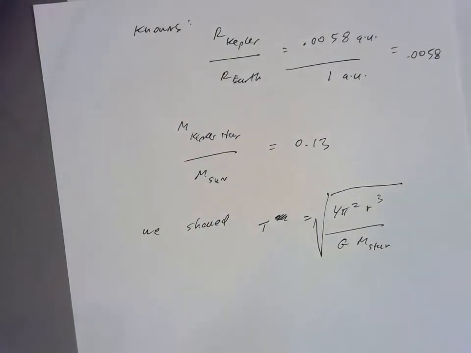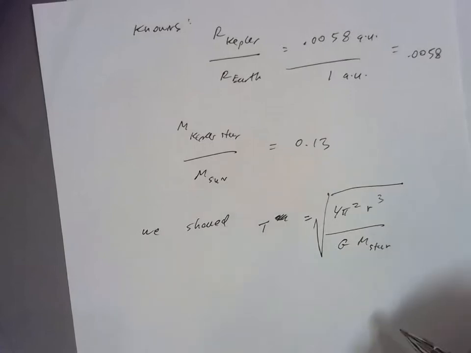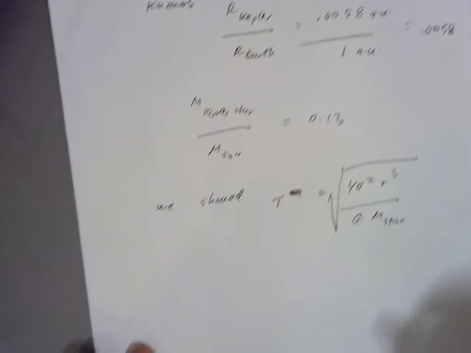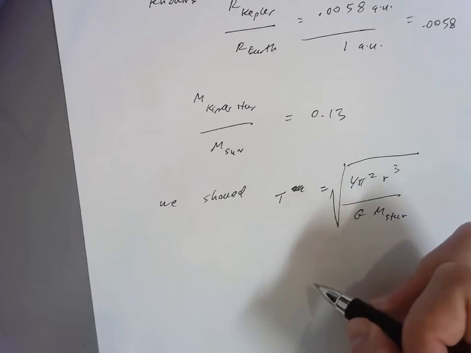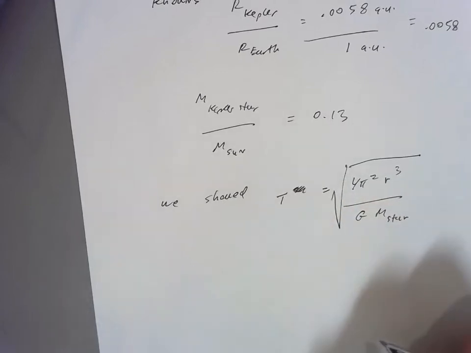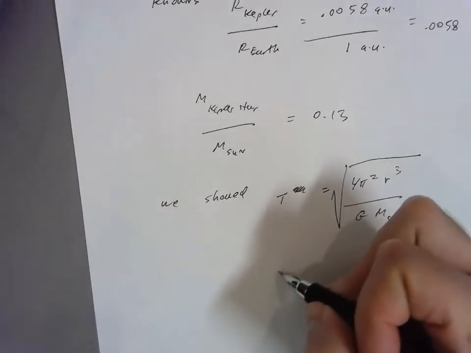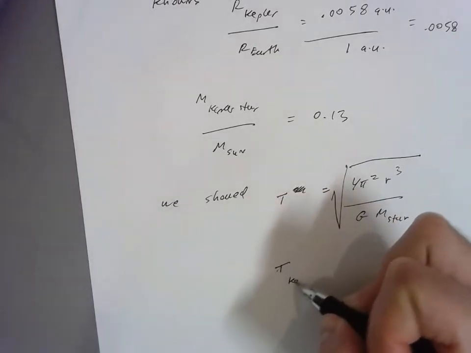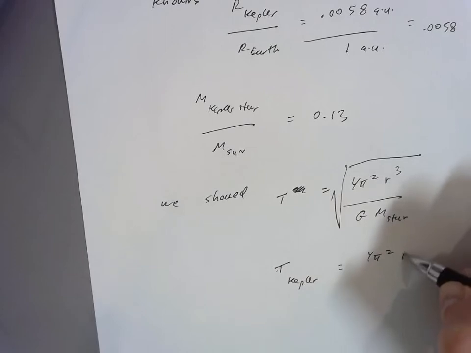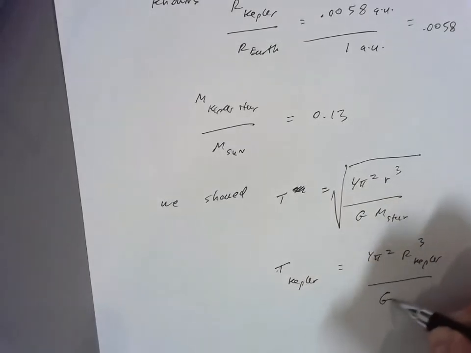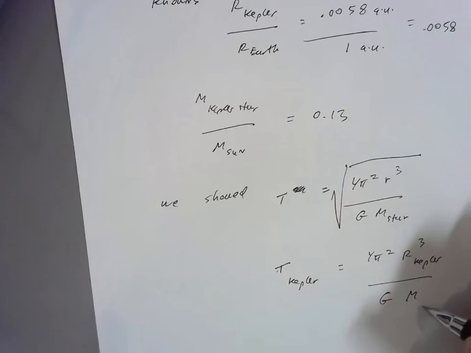So I'm going to write that equation, but I'm going to write it twice. I'm going to write it once for Kepler and once for Earth. So I'll have the T of Kepler must be the square root of 4 pi squared times the r of Kepler cubed over G times m of Kepler star.